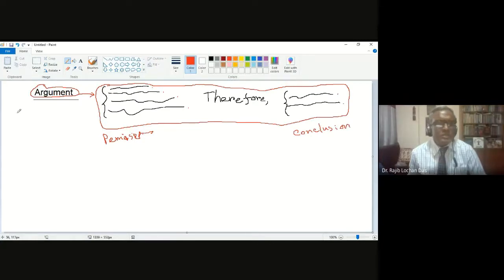Sometimes the premises are also called conditions. So there will be some conditions, normally more than one, like 2, 3, 4, 5, 7. And then there is one fixed word, therefore, and one or two sentences. So that will be the conclusion.